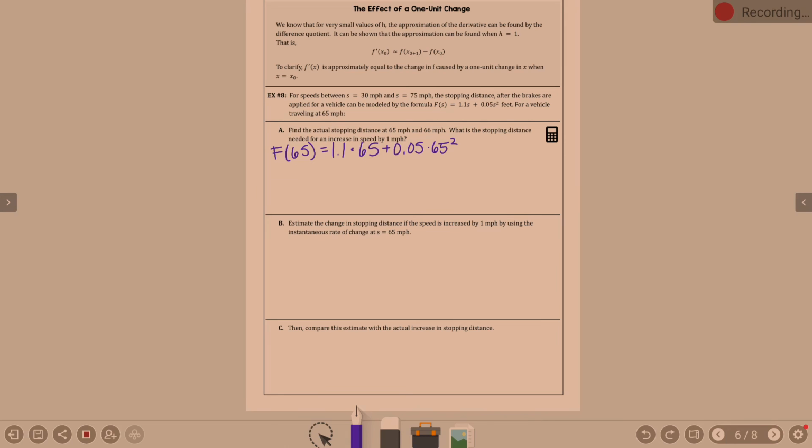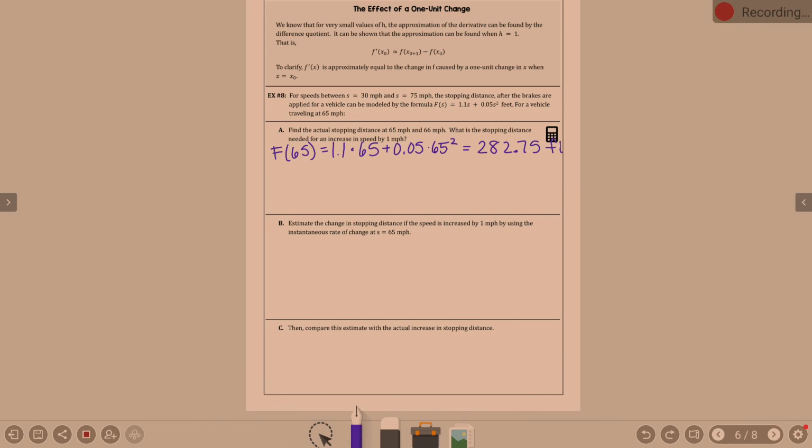And we plug it in, we get 282.75. This is a stopping distance, so this is going to be feet.